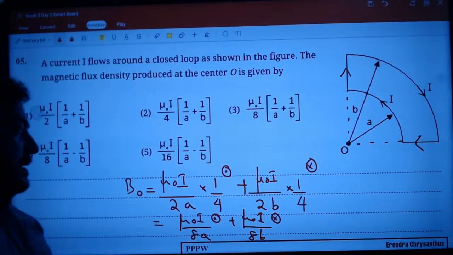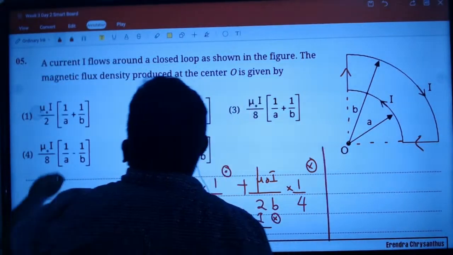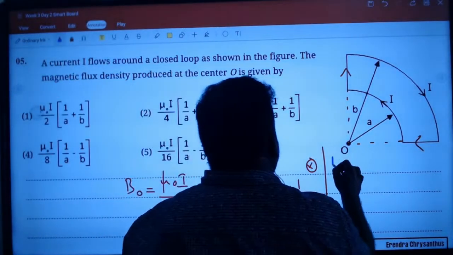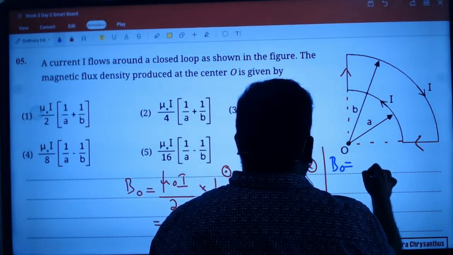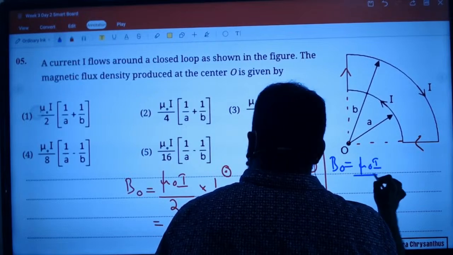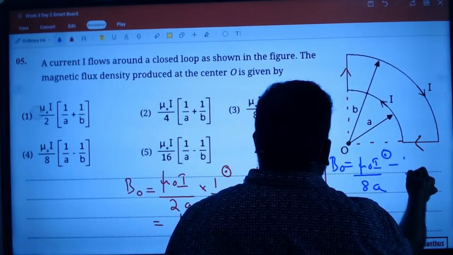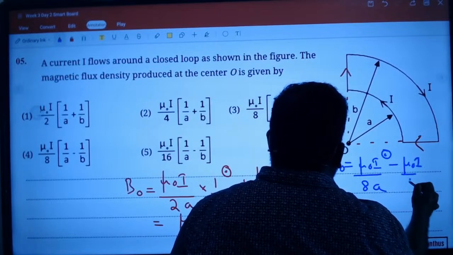Bring all vectors in the same direction. B naught is equal to mu naught I divided by 8A. Change the direction: minus mu naught I over 8B.